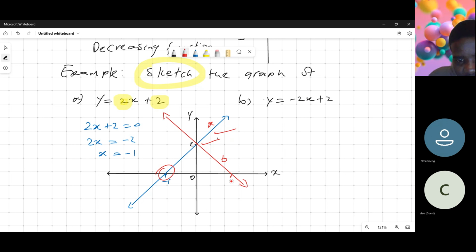We will get x equals 1. Let's go. -2x + 2 = 0. At this point, the value of y is 0. Then -2x = -2. Dividing by -2 on both sides, x = 1. So meaning the graph is touching the x-axis at +1. Okay, now we've drawn our graphs.